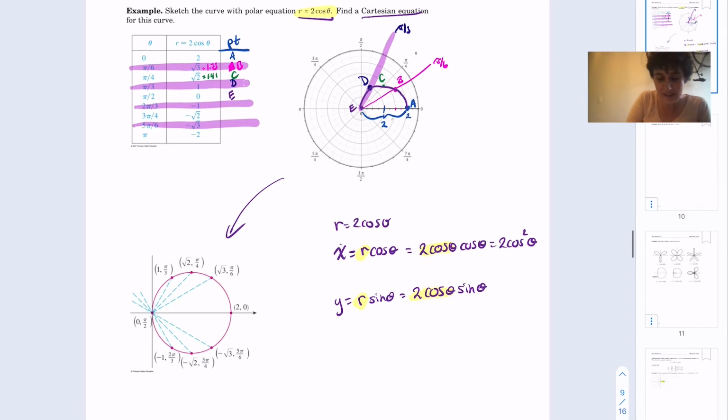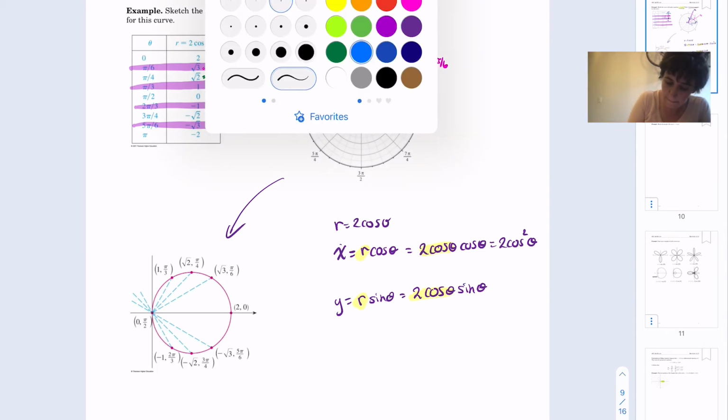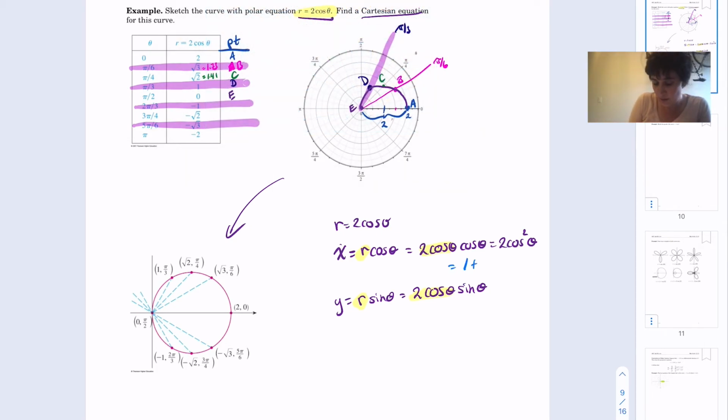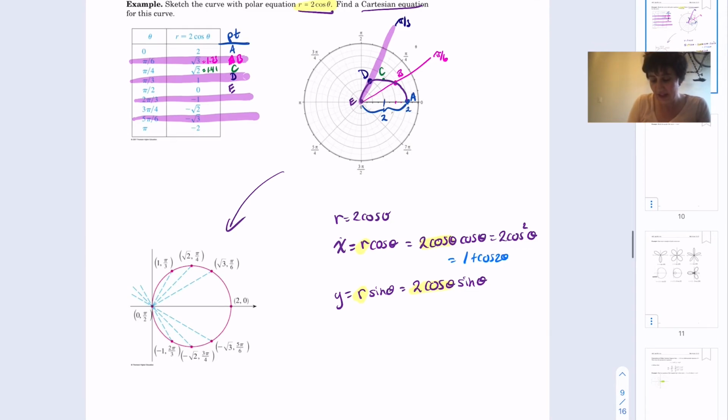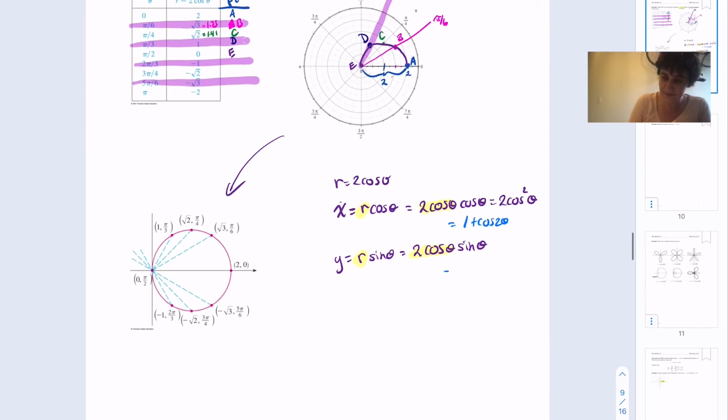Now we have to lean a little bit on our identities, which maybe is never the most comfortable the first couple times you do it. But 2 cos squared theta is 1 plus cos 2 theta. And 2 cos theta sine theta is sine 2 theta.